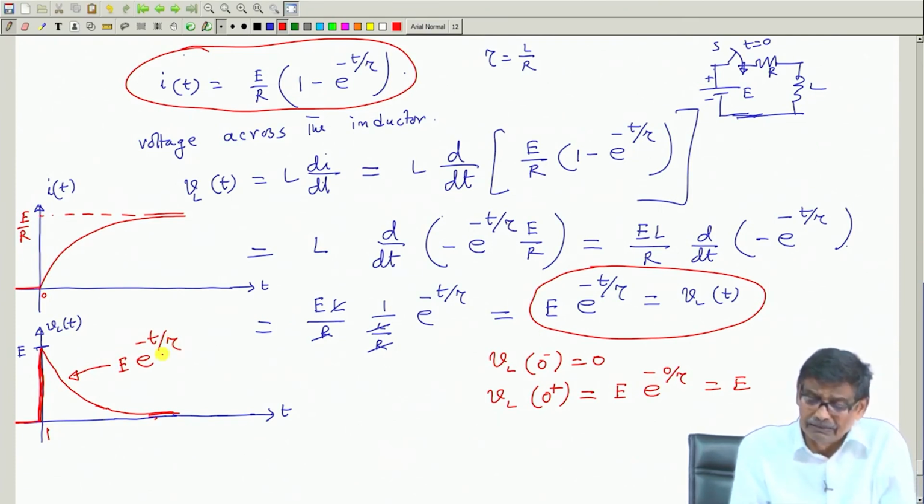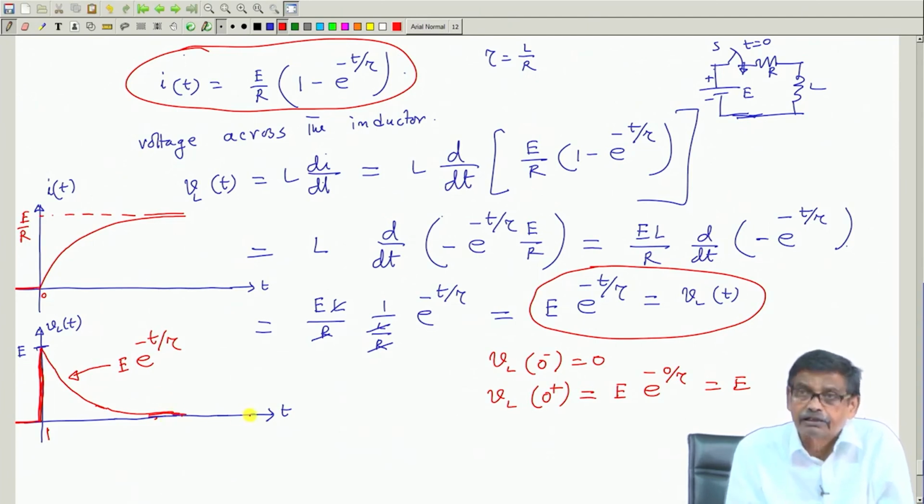Therefore, once again at t equal to tau you can find out by what amount the voltage goes down, time constant, etc. But the point I want to make is that finally, the voltage across the inductor is 0, and it has to be, because the final current becomes a constant value E by R. So, d/dt of E by R is 0.